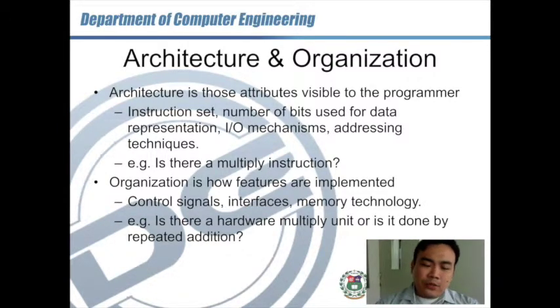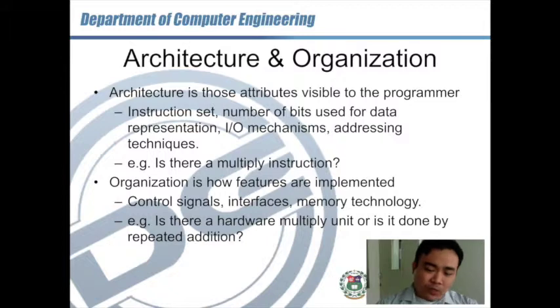Now, organization, on the other hand, is how these features are implemented, such as the control signals, interfaces, the memory technology, and also how the instructions are being implemented.